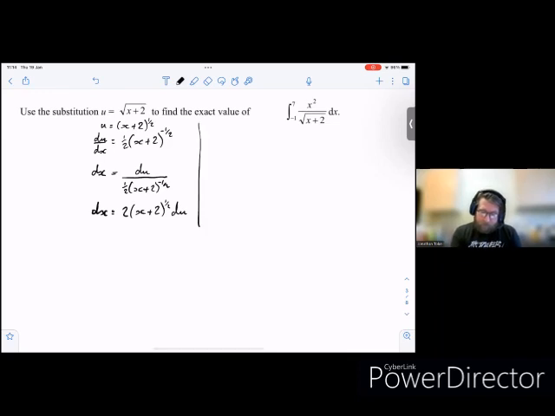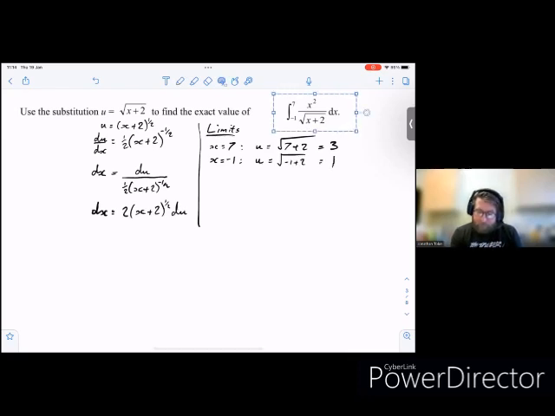We also want to sub the limits. So when x equals 7, u equals the square root of 7 plus 2, which is 3. And if x equals minus 1, u equals the square root of minus 1 plus 2, which is 1.